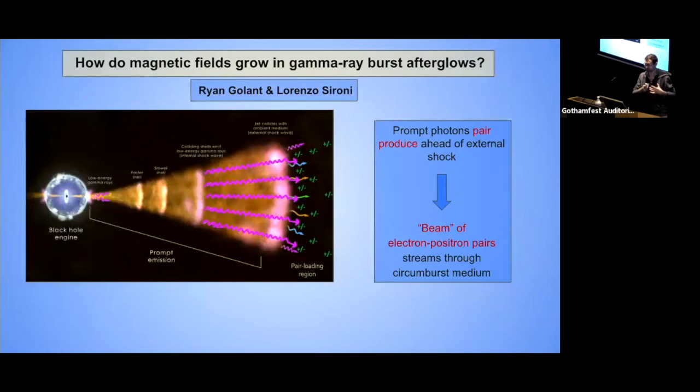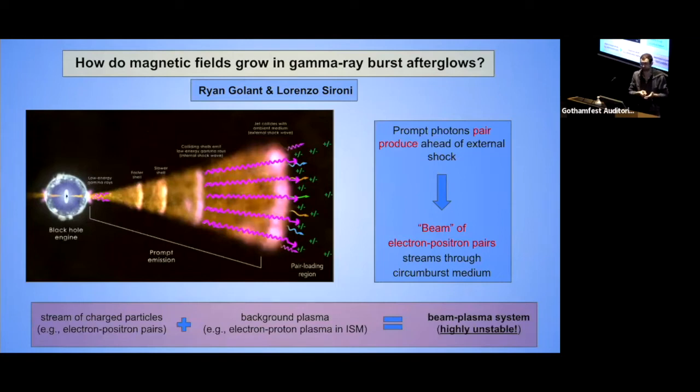So we end up with this beam of streaming electron-positron pairs ahead of the shock. And so when we have a stream of charged particles, like these electron-positron pairs, moving with respect to a charge-neutral background plasma, like the electron-proton plasma in the ISM, we get a beam plasma system ahead of the relativistic shock. And this system is shockingly unstable.